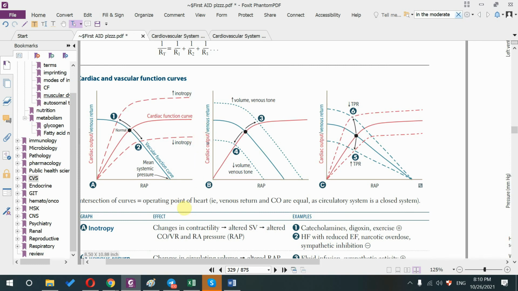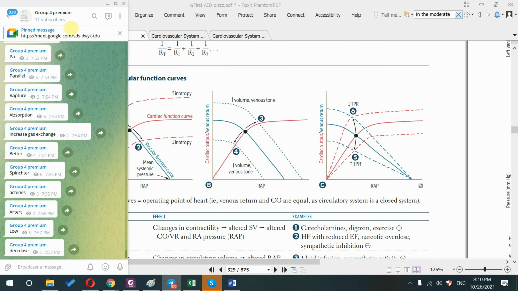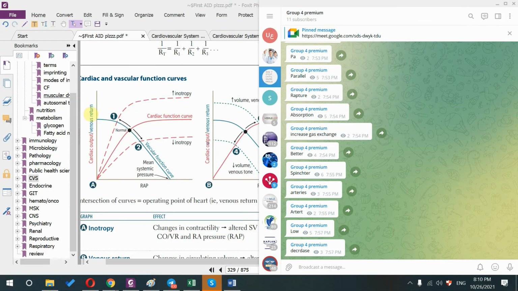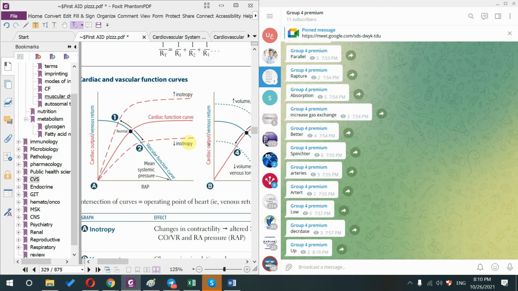Let's see if you understand what I mean. So if I put you here, guys, and I ask you the following. In this picture, if I give someone a beta blocker, will the graph be shifted up or down? The cardiac function curve. Down, correct.